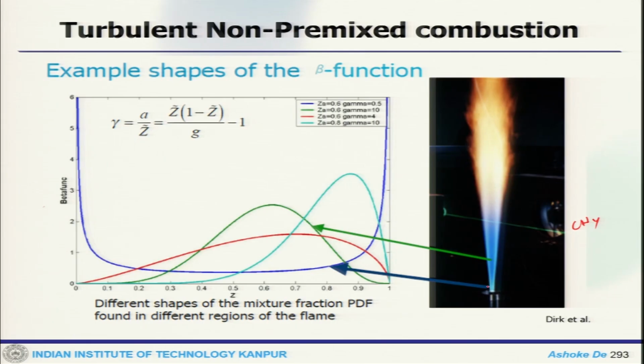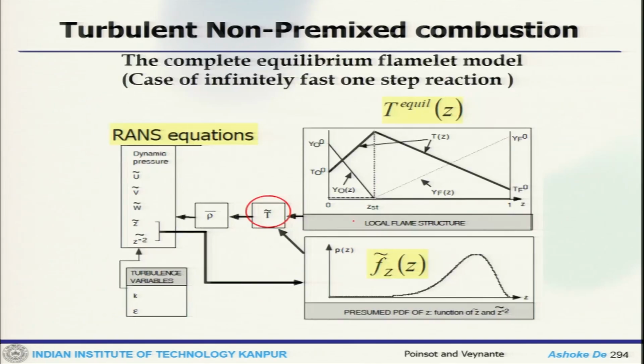So, you have this region, other region, and you can see the different shape. That means this distribution function, since this is strictly a function of Z variance and Z tilde, their evolution will dictate how this Fz is going to look. So, this is important information one can have.